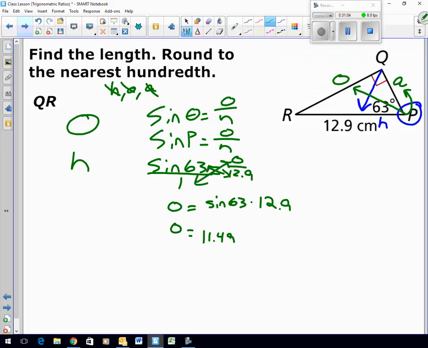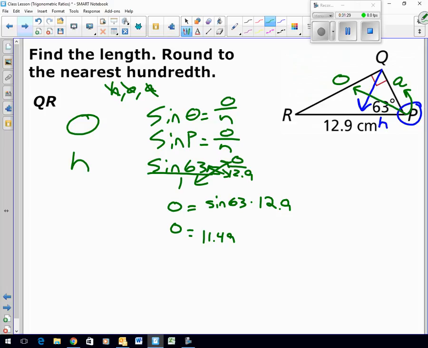Alright. Let me ask you a question. You do this problem, and all of a sudden, you get 16.46 as your answer. Automatically, why do you know that's wrong?